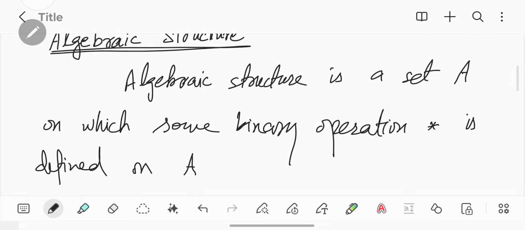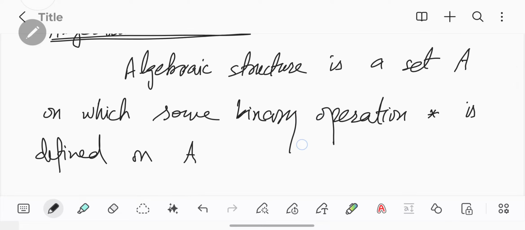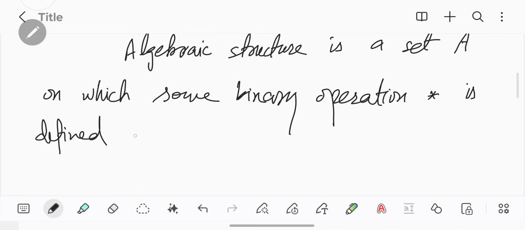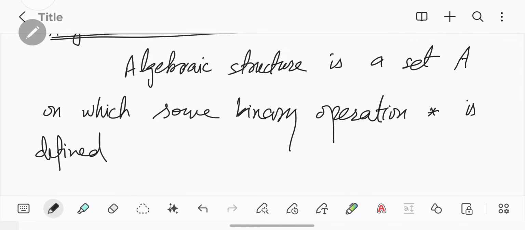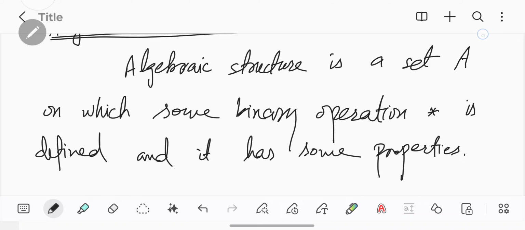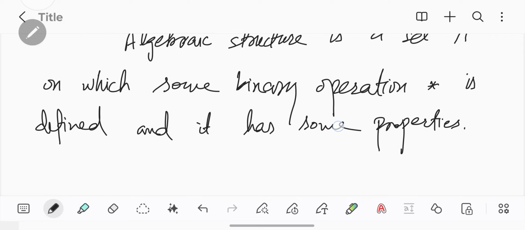Okay, so the algebraic structure is a set on which some binary operation is defined, and that binary operation has some properties. So any set on which you define a binary operation and that binary operation has some properties, with all of those properties, you will call that set an algebraic structure.